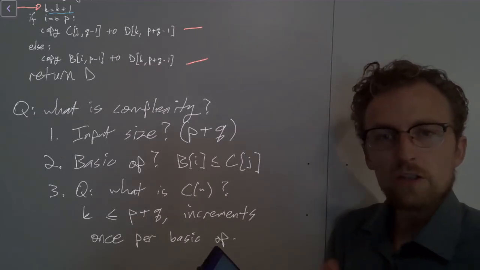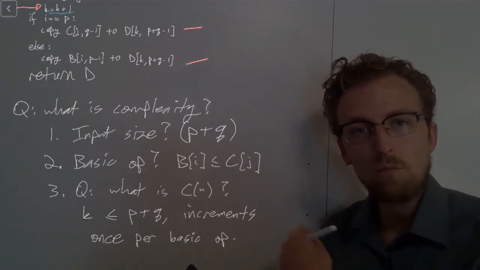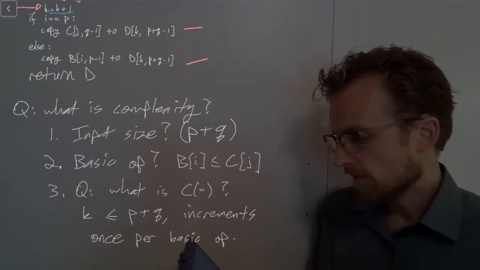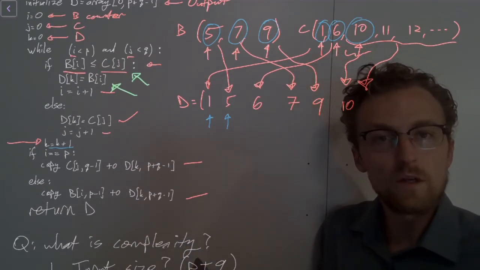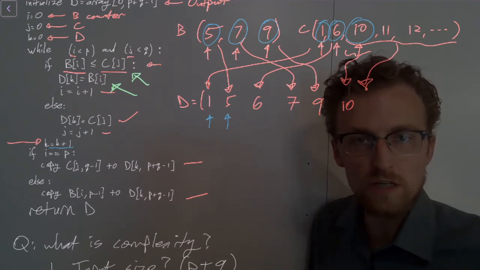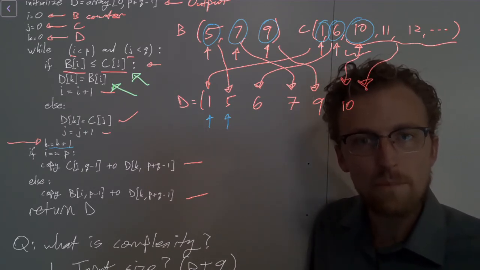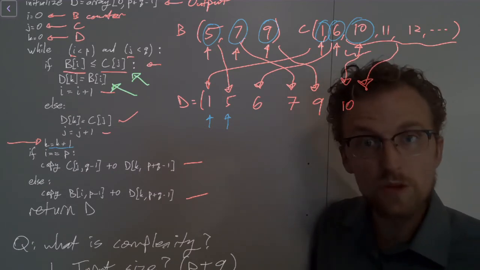Okay, so we can use that to infer that the algorithm can never make more basic operations than p plus q, which makes sense. If you think about this, all we have to do is look at each element one time. There's never any reason to look at an element again after it's been copied into the D array. Once we copy an element in, we're done with that element.